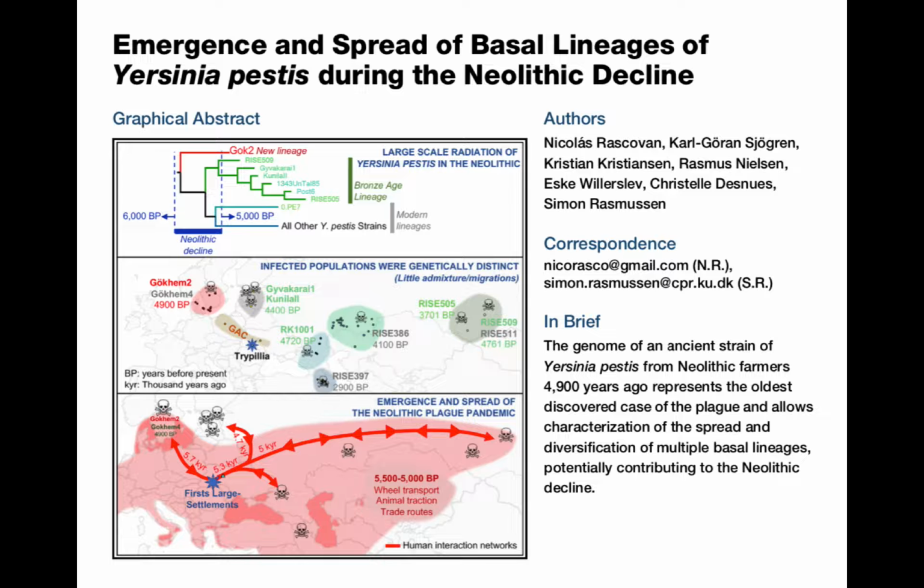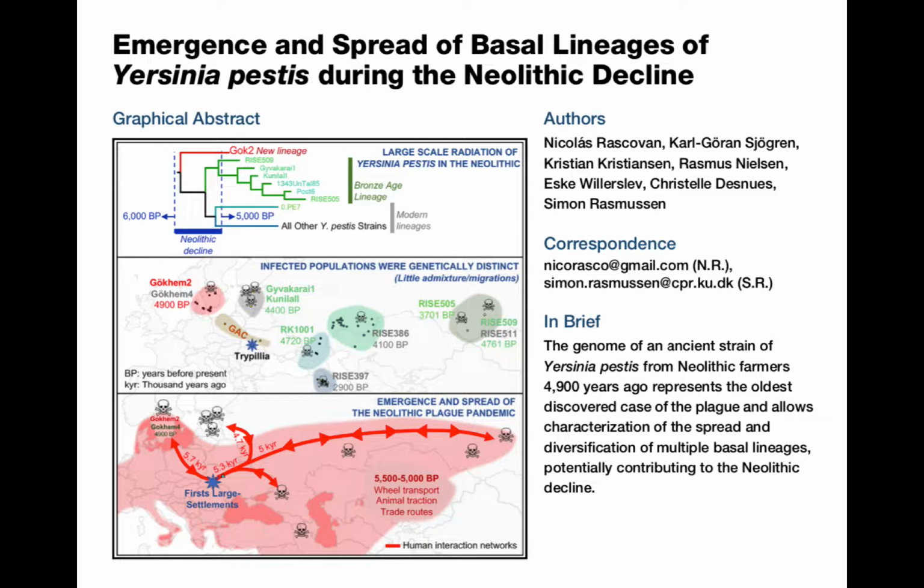What they're suggesting is that the spread of plague coincided with the first large settlements in the middle of the Eurasian continent, and that the organisms spread through trade routes, through the use of the wheel, through animal traction, and so forth.